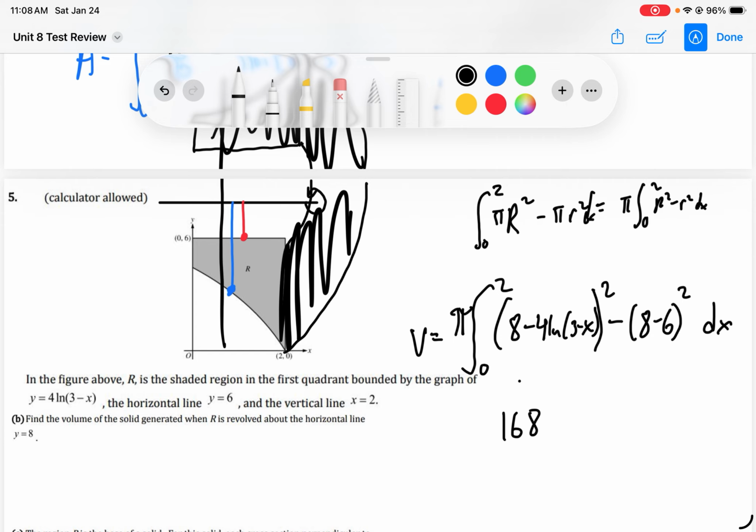The parentheses are going to be a little bit tricky on these. Minus little r squared. I'm just going to take 2 squared, which is 4. Parentheses. That parentheses closes that one. That one closes that one.